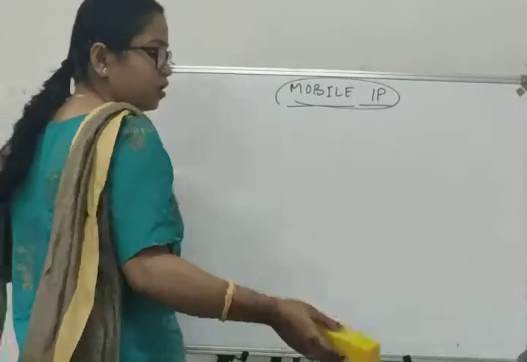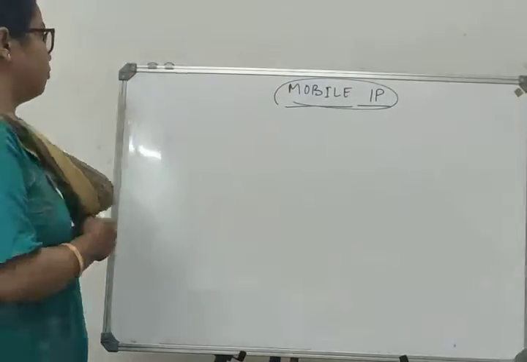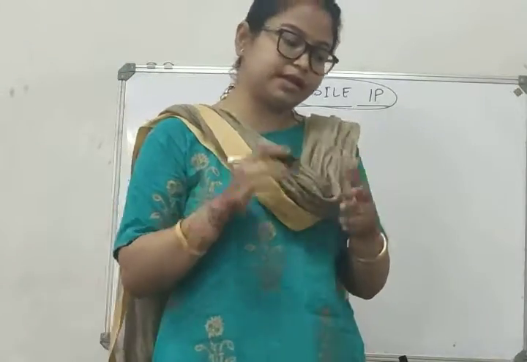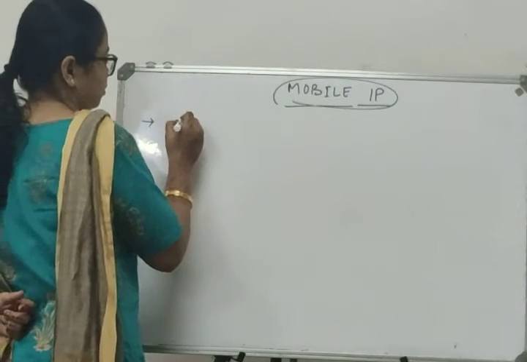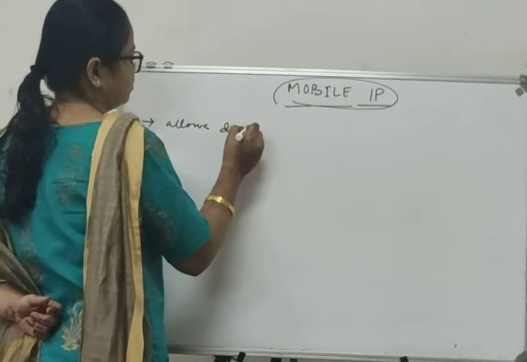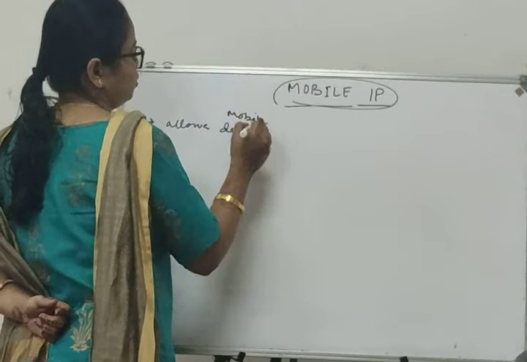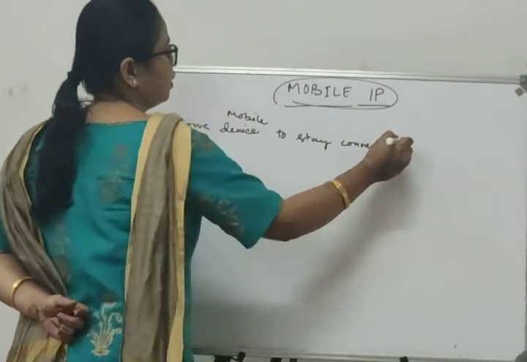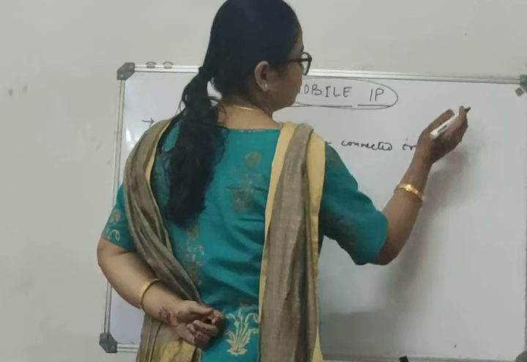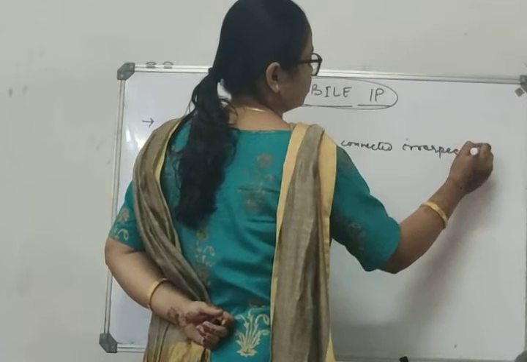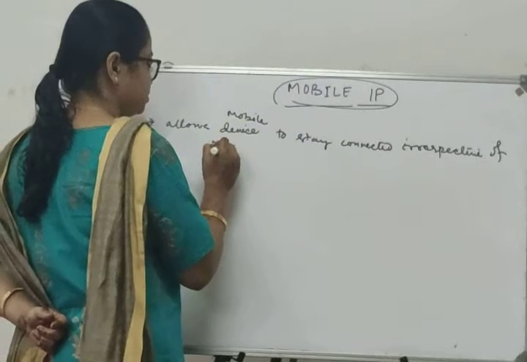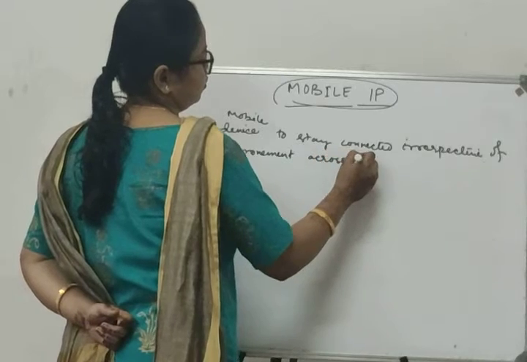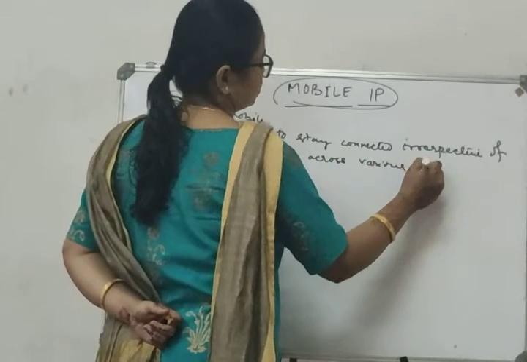So first of all, let me give a brief about mobile IP. With mobile IP, what we can do is, it allows the device, that is of course a mobile device, to stay connected irrespective of its movement across various networks.